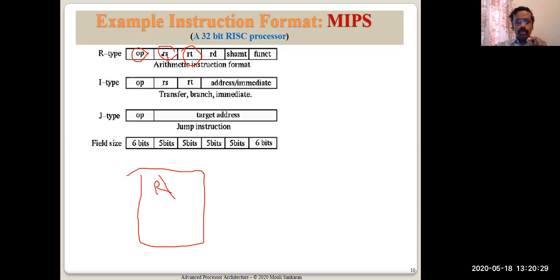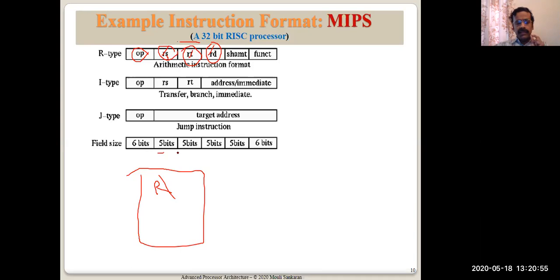If it is 002, the first operand is R2. And if this value is 3, that means the second operand is R3. And the destination is some value 4. If it has a value of 4, then it is R4. So the bit pattern exactly mentions which are the registers being accessed.